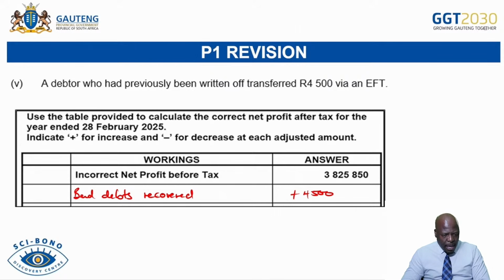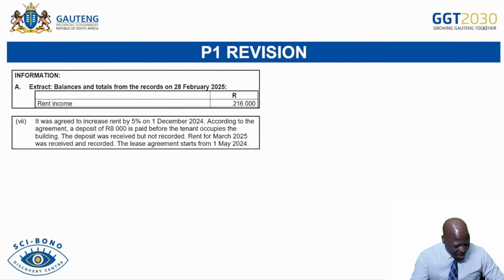Okay. And then if you have bad debts recovered, remember, it goes into a statement of comprehensive income under other operating income. And if you're doing correct net profit calculation, it comes here in to the correct net profit calculation, and you're adding it. Bad debts recovered. Let's go on to rent income then.